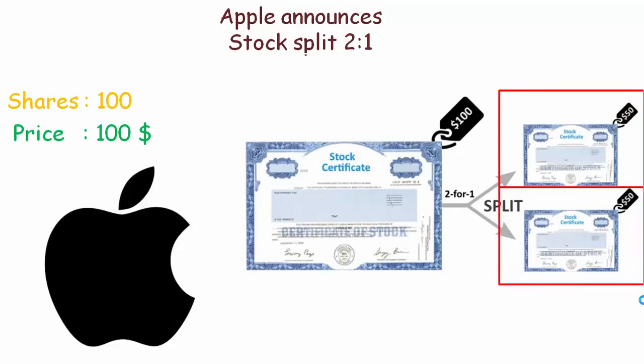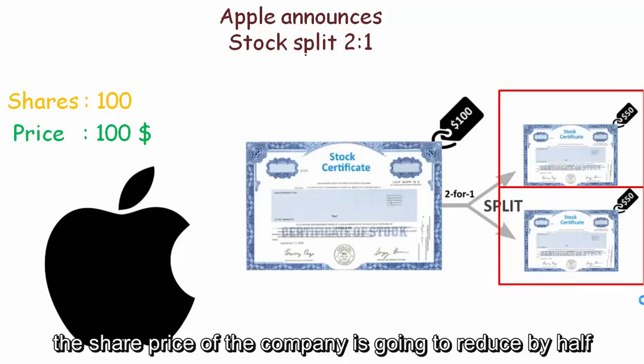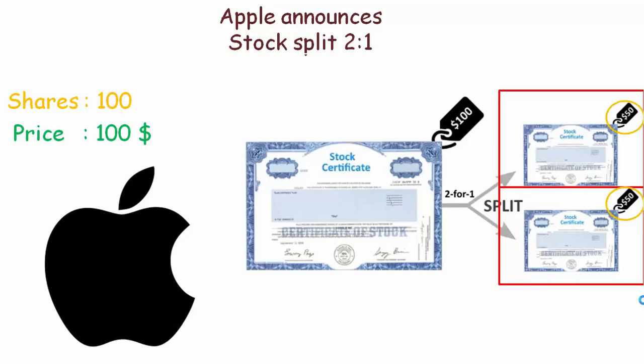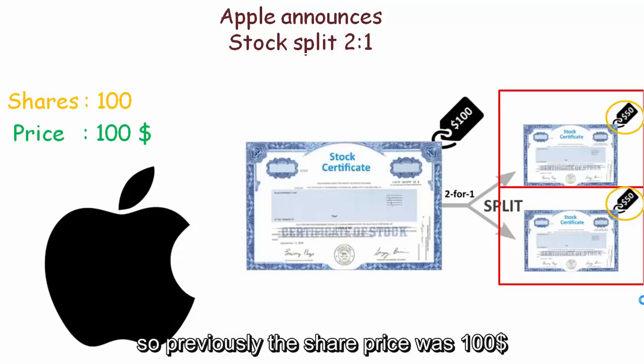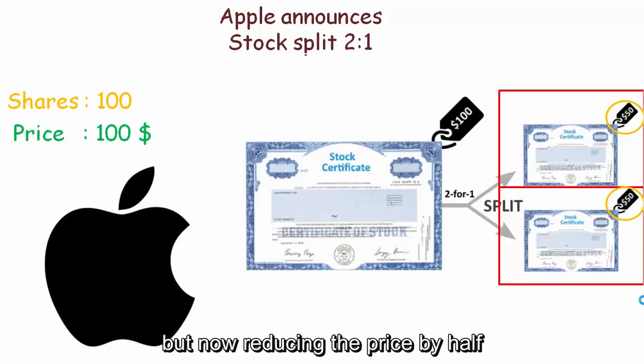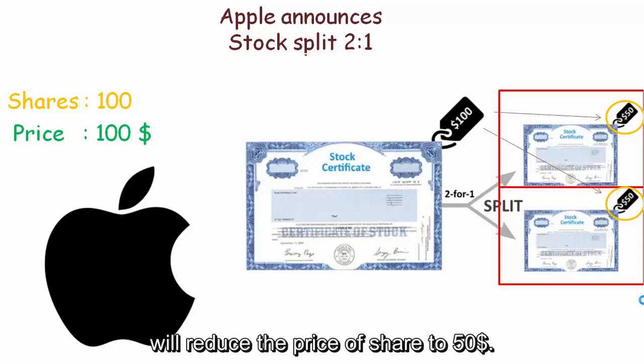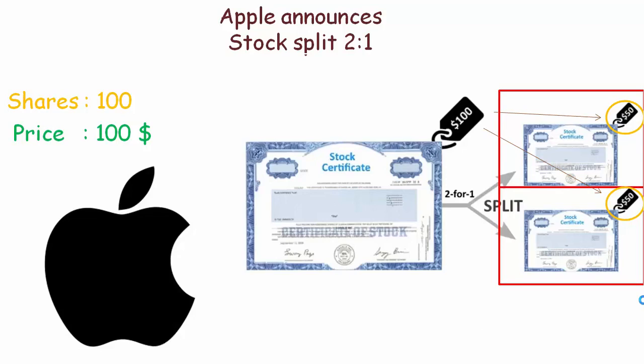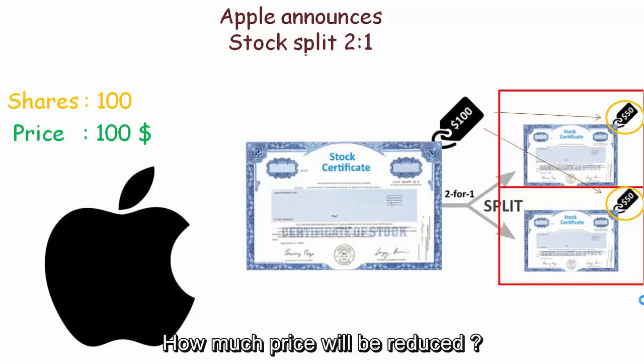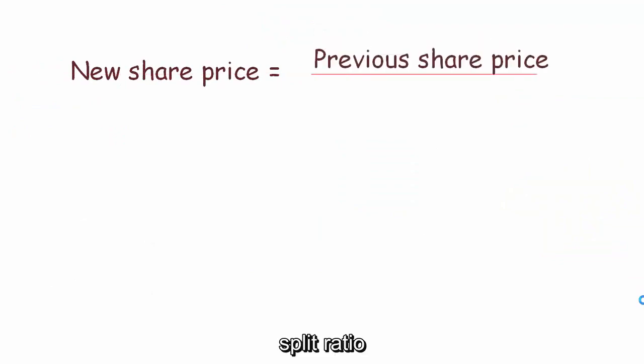But here's the catch: the share price of the company is going to reduce by half, or 50%. Previously the share price was $100, but now reducing the price by half will reduce the price of a share to $50. Now, how do you determine how much the price will be reduced? Simply divide the share price before the stock split by the split ratio.